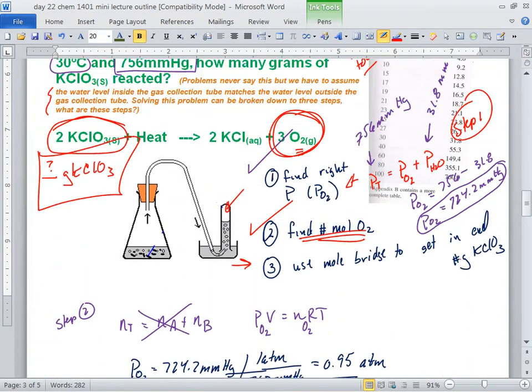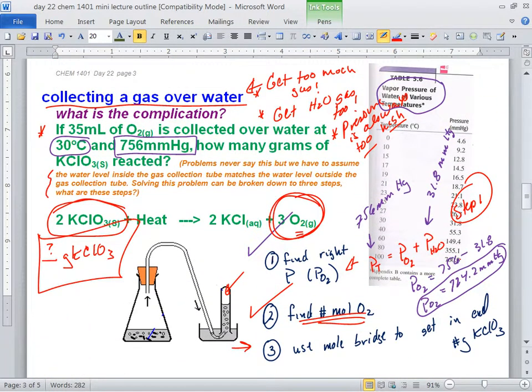So whenever you're collecting a gas over water, realize you're collecting too much gas. You're collecting water too. And they're always going to tell you those things. They're always going to tell you the volume of the gas they collected. They're always going to tell you the temperature, so you can look up the water pressure, right? It's going to be a nice number. It's not going to be a 32, right?